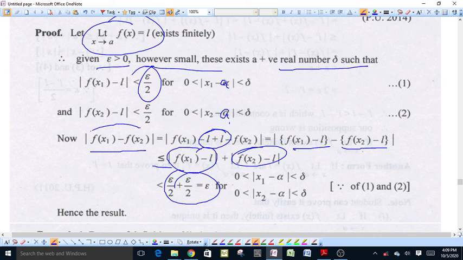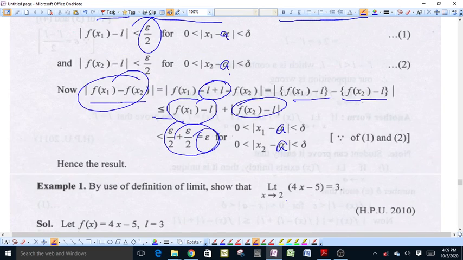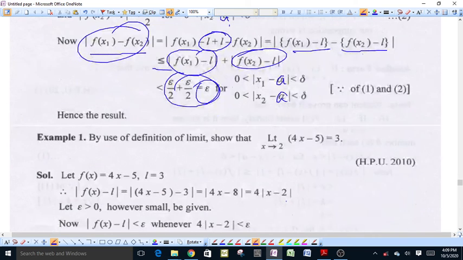So f(x1) minus f(x2) is less than epsilon whenever x1 and x2 lie in the delta neighborhood of point a. This is Cauchy's criteria to find the limit of a function f(x) at x equal to a.